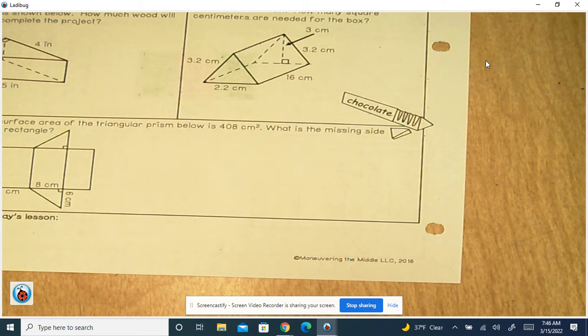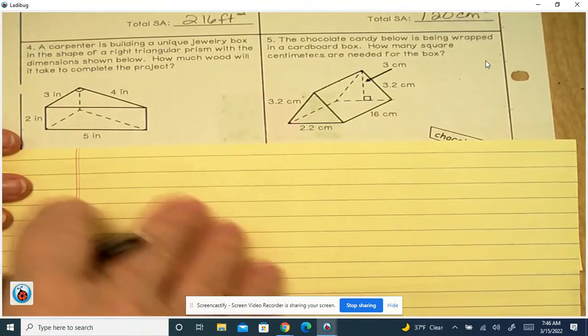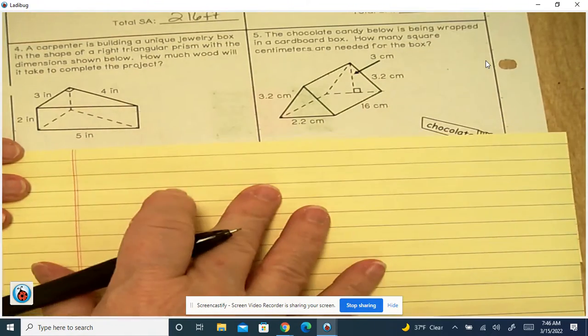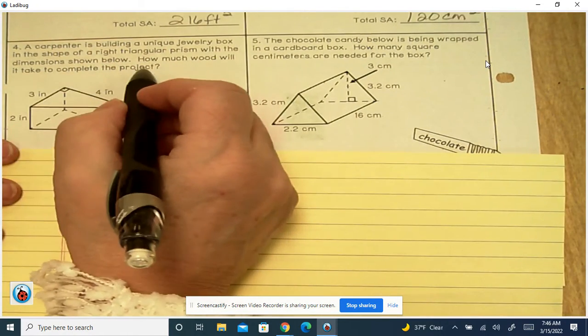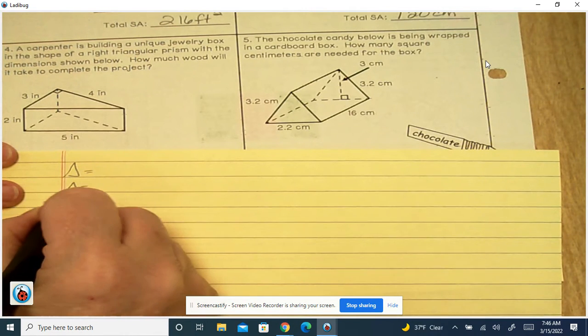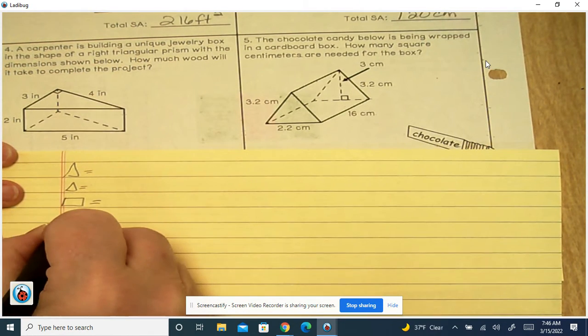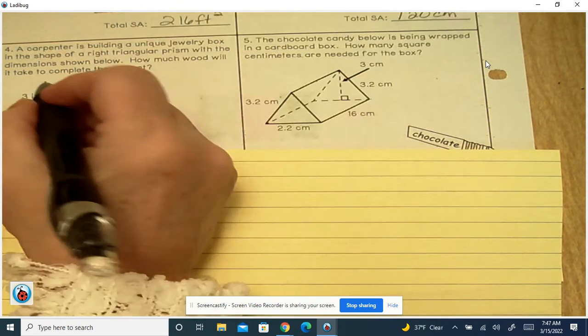All right, number 4. A carpenter is building a unique jewelry box in the shape of a right triangular prism with the dimensions shown below. How much wood will it take to complete the project? So we've got 2 triangles, 3 rectangles. All right, here's our triangle.